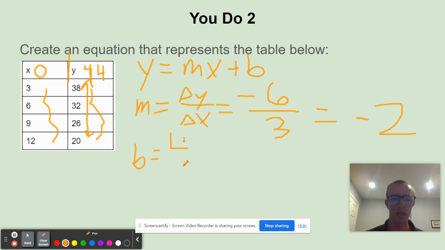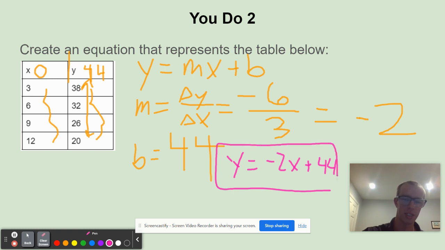And so the value of b is 44, right? And so now I plug these into y equals mx plus b. I get y equals -2x plus 44. And this and the table are the same thing shown in different forms.